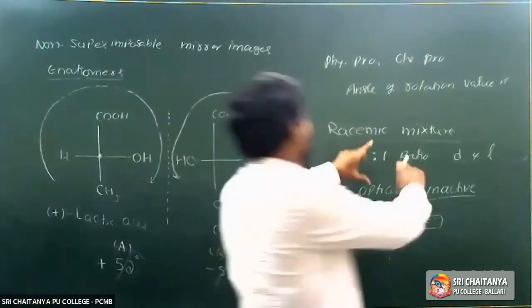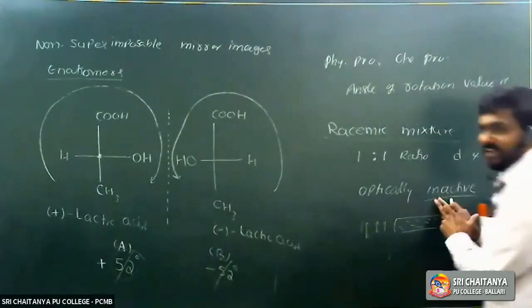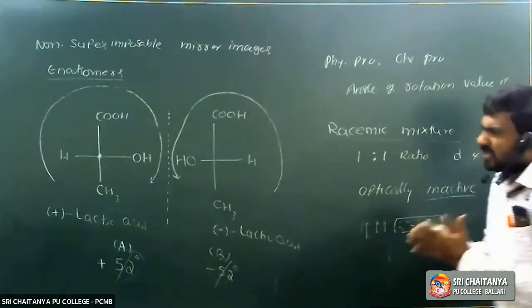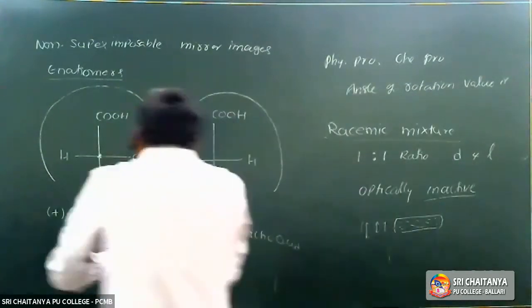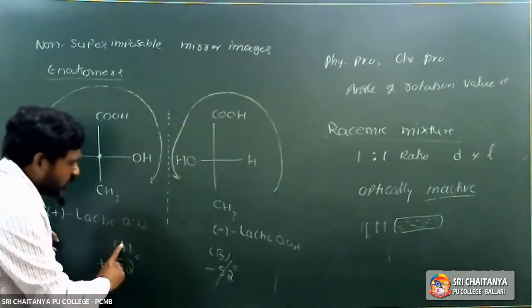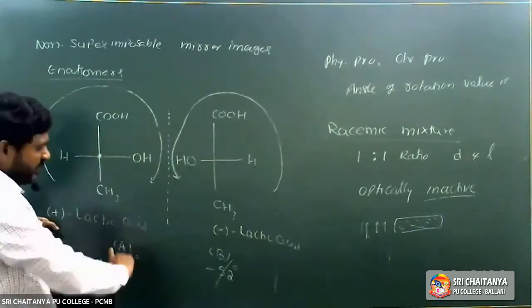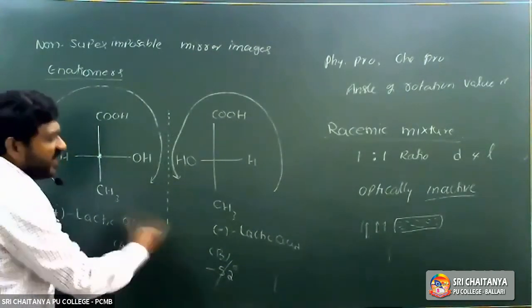Hence the racemic mixture is inactive, because the optical rotation of the first compound is cancelled by its mirror image. The optical rotations cancel each other.